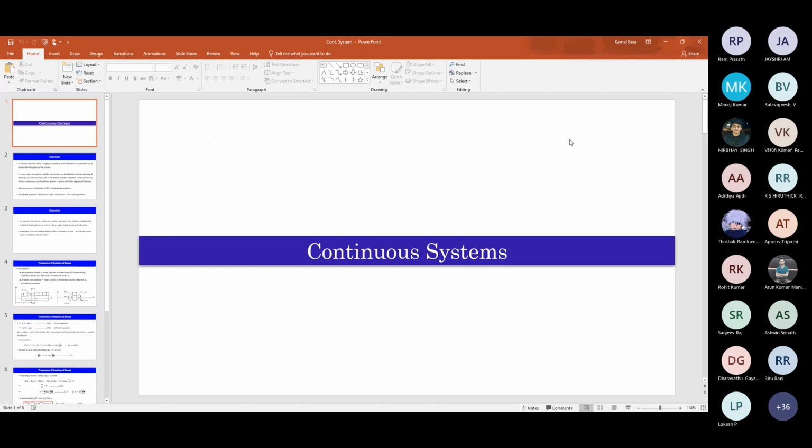I am telling that for continuous systems, the closed form or exact solution is only available for a few simple models. Just for an example, we'll study the beam.